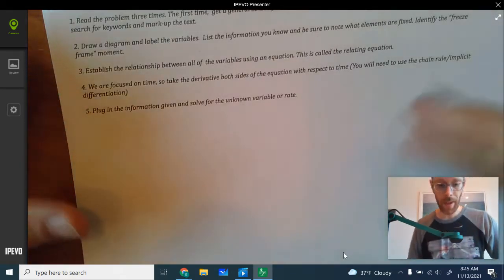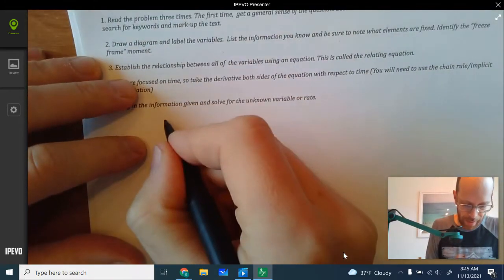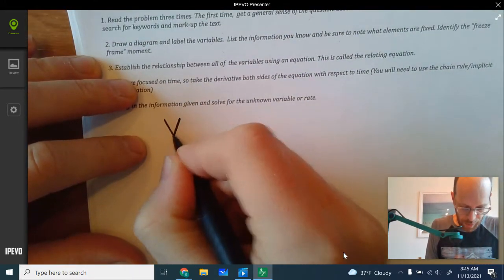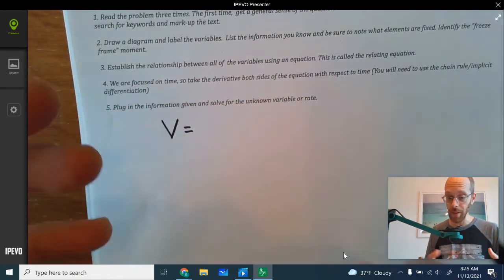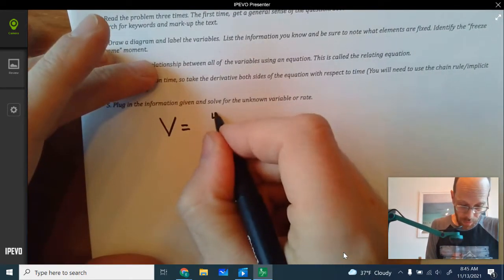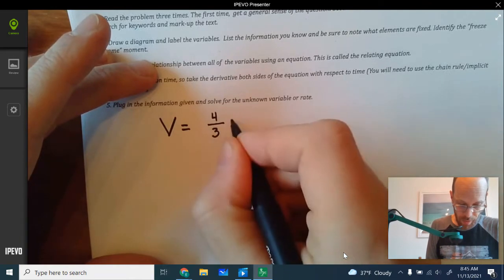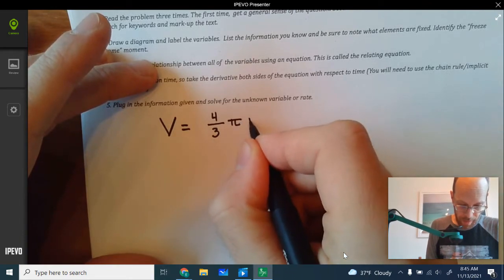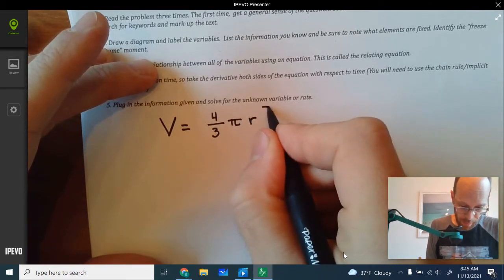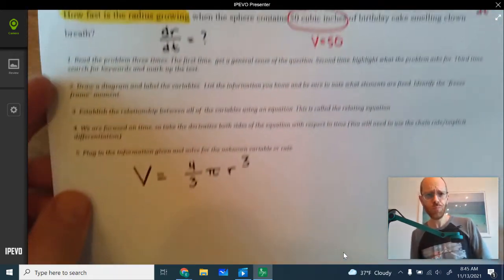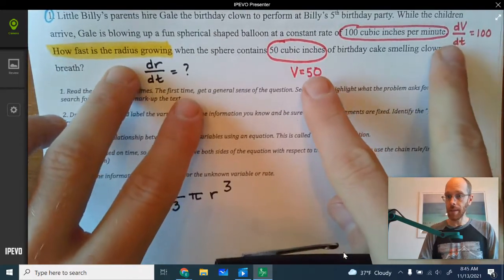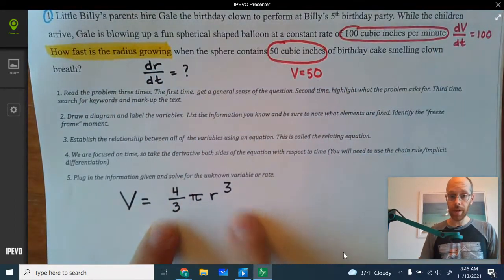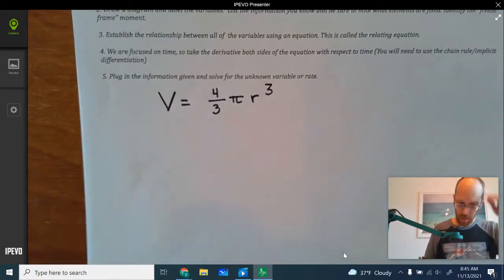Turns out you studied that equation when you were back in geometry. And that equation goes a little something like this. The volume of a sphere is equal to 4/3 times pi times the radius of the balloon cubed. So once you have identified these things, a good idea is to write an equation that relates them.